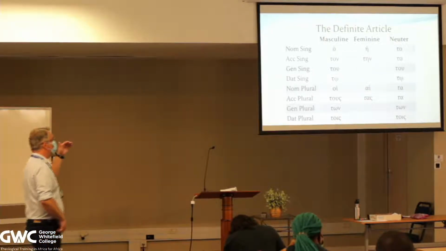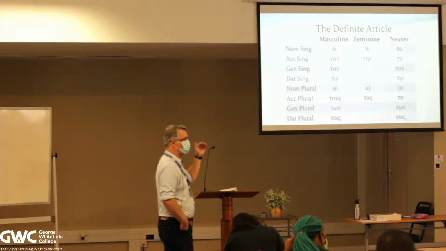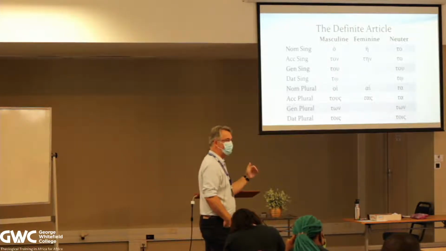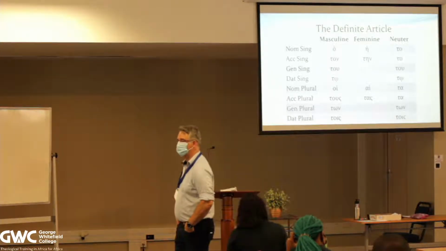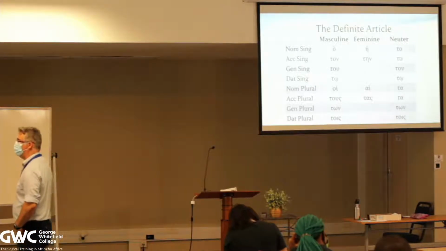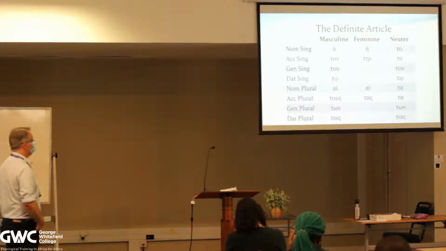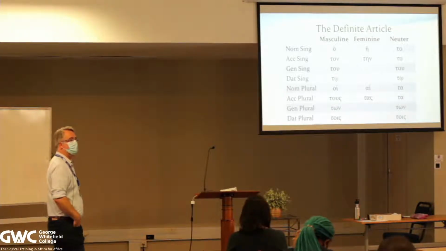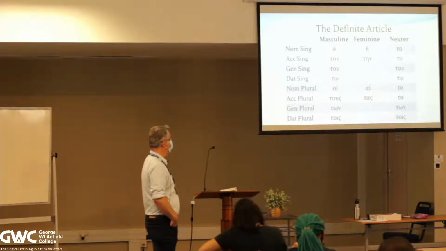To, to, to, tone, tois. That's our neuter article paradigm. Exactly what we'd expect it to be. Double up learning. We get it for free. It's easy peasy. Nothing to worry about there.